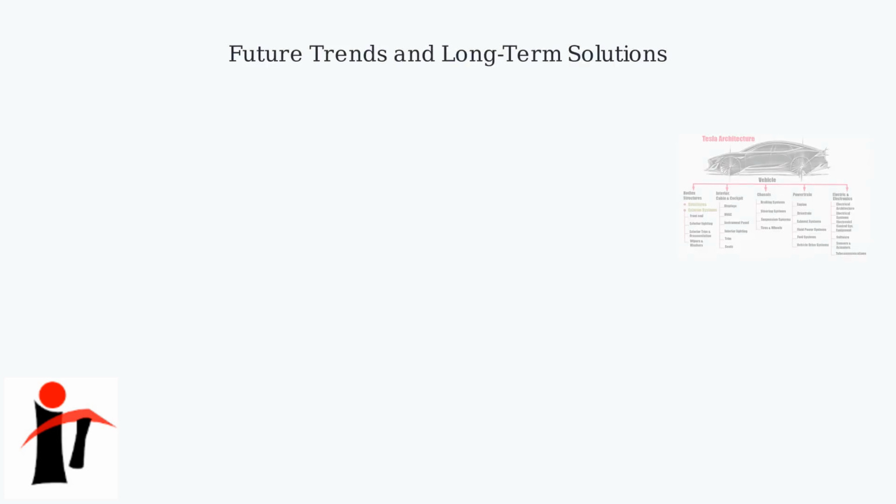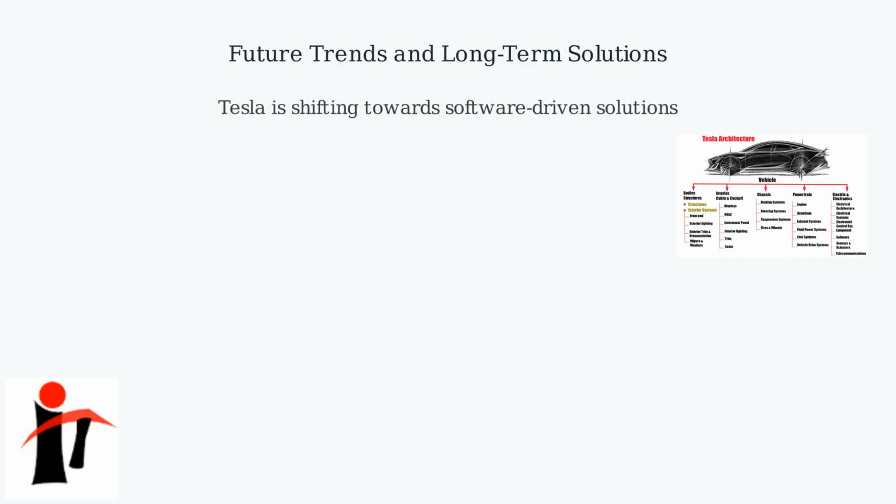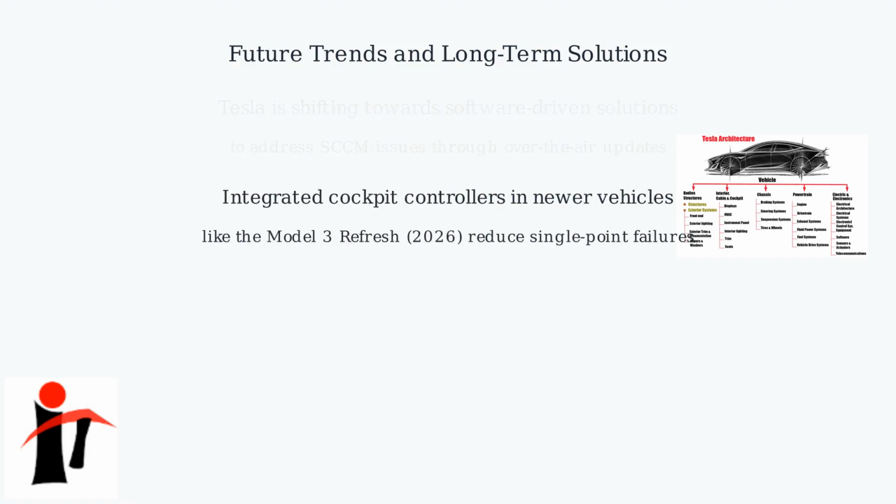Tesla is evolving its approach to vehicle systems, moving away from traditional hardware-centric designs toward more resilient solutions. The company is implementing software-driven solutions that allow remote fixes through over-the-air updates, minimizing the need for physical repairs. In upcoming models like the Model 3 refresh planned for 2026, Tesla is introducing integrated cockpit controllers that combine multiple functions into a single, more reliable system.